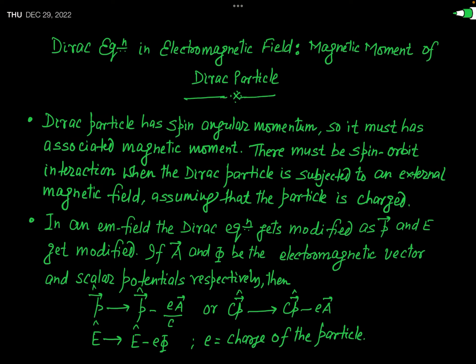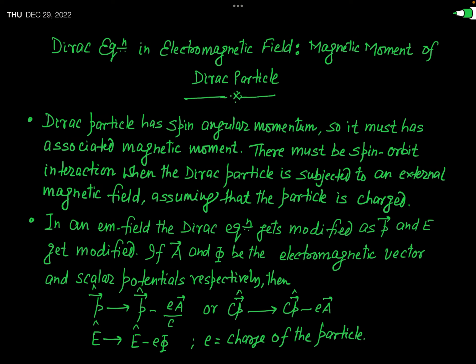an intrinsic property. But you know that whenever a particle has angular momentum of any type, definitely associated with that angular momentum, the particle has a magnetic moment. So as the Dirac particle has a spin angular momentum, you can definitely say that such particles will have the magnetic moment associated with the spin angular momentum.